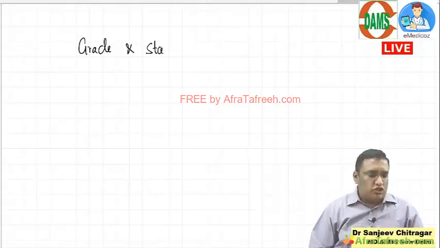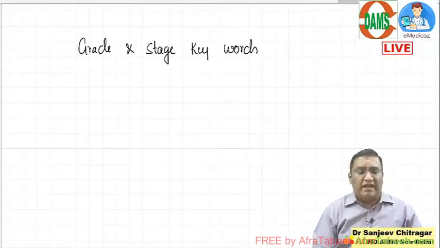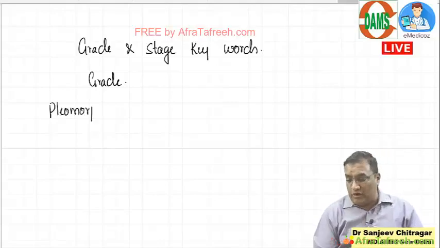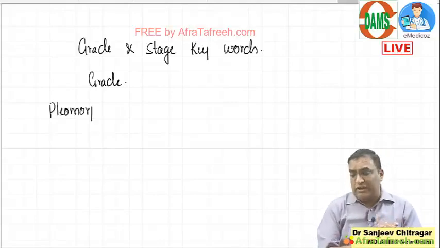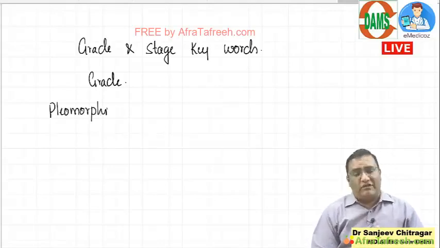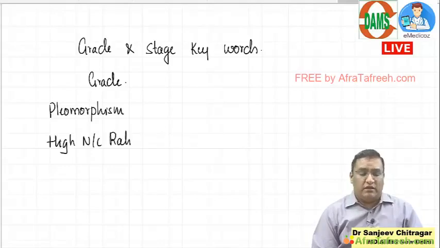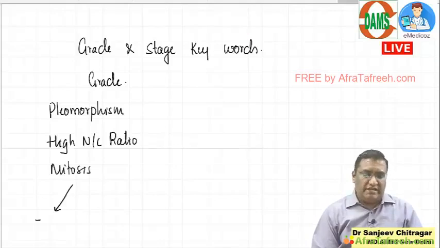So whenever they ask you about the grade and stage, the keywords that I keep looking for in grades, I keep looking for pleomorphism. Look for pleomorphism and look for high nucleocytoplasmic ratio and mitotic count, increase in mitosis.